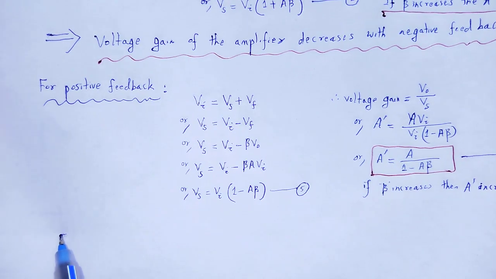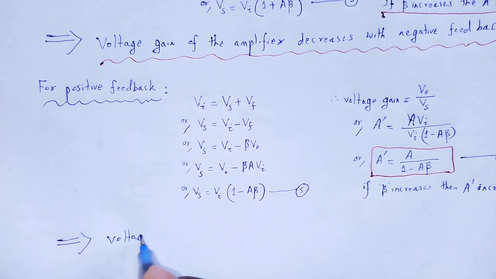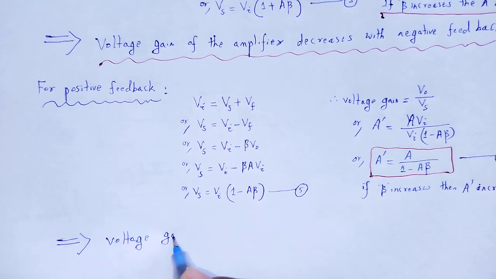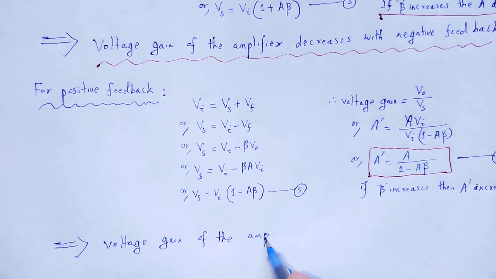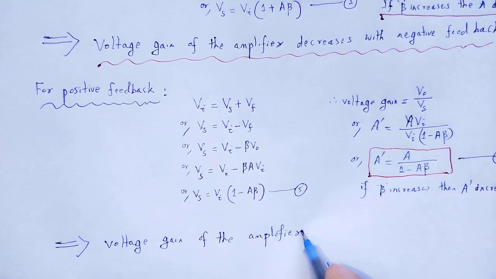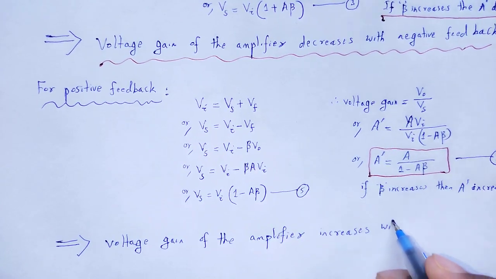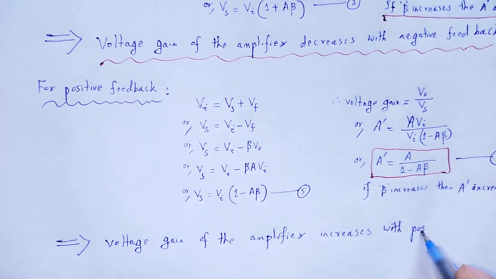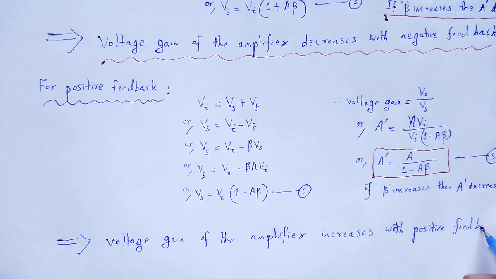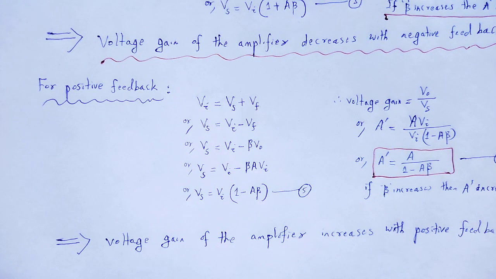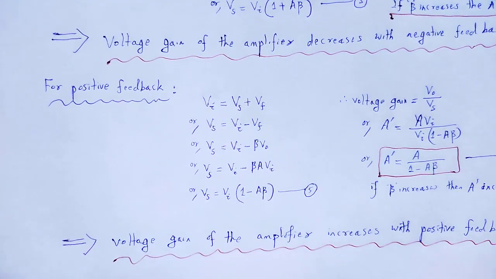That's why we write that the voltage gain of the amplifier increases with positive feedback.